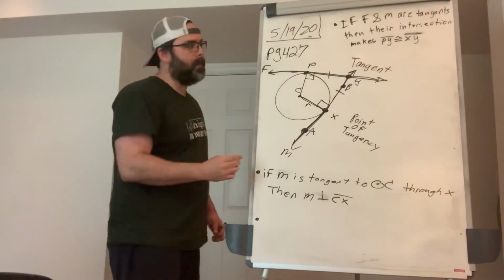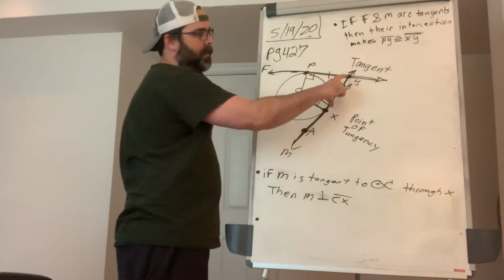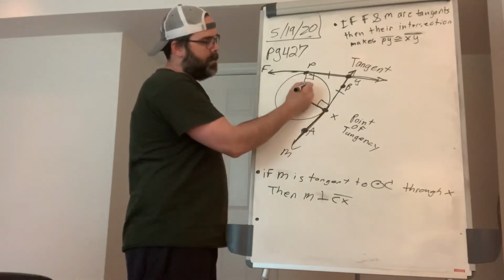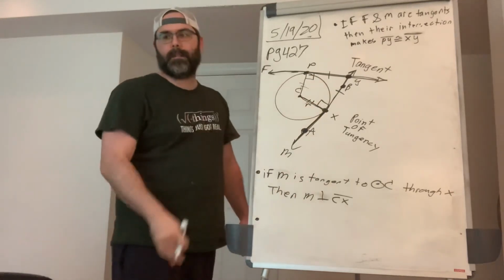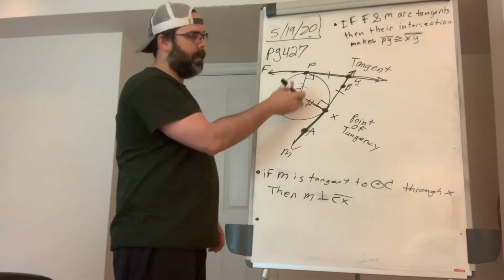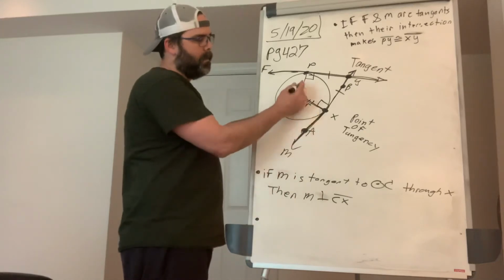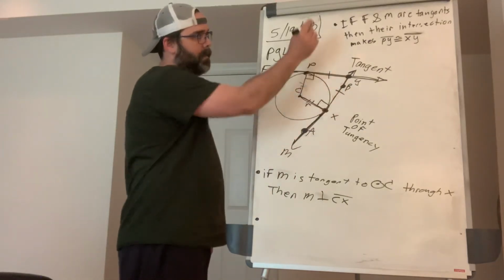So basically, this segment is congruent to this segment. All right. Now, because this is a radius and this is a radius, these are also congruent. That's if the radius is equal to itself, then they're equal to each other. Okay. So these are congruent because they're the radius, and these are congruent because of this theorem.